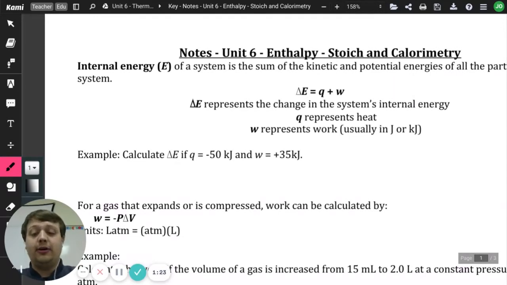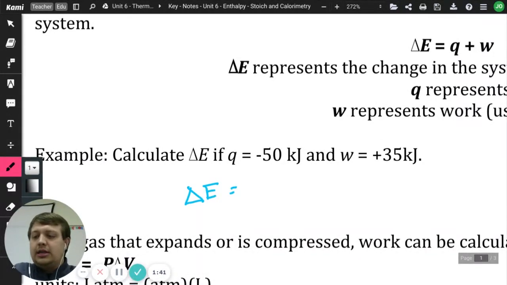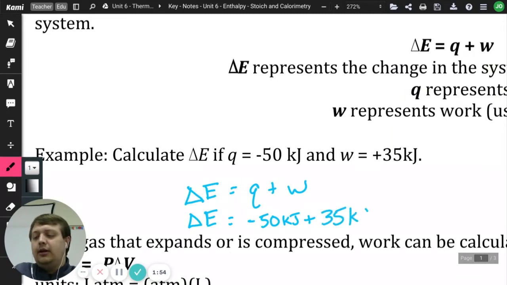So my example here says calculate the change in energy if Q, the energy, the heat, equals negative 50 kilojoules and the work, W, is positive 35 kilojoules. So your change in energy equals Q plus W. So your change in energy equals Q, which was negative 50 kilojoules, plus W, which is 35 kilojoules.